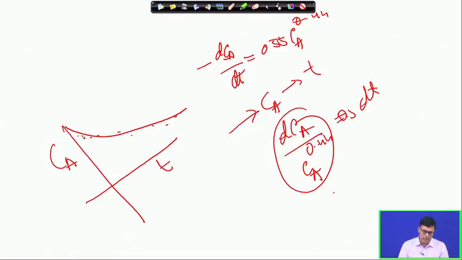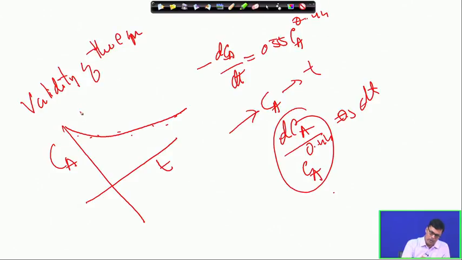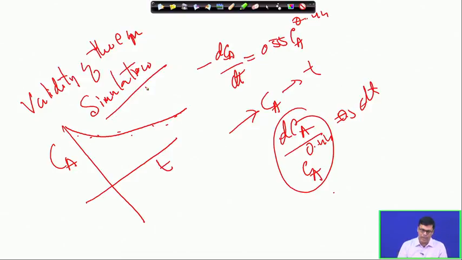If we find the percentage of deviation is more than 5%, then this is not acceptable. You have to modify the equation. But if it is less than 5%, then it is acceptable. So, this is how we check the validity of the equation, which we call simulation. Basically, when you write any mathematical equation, we call it modeling.